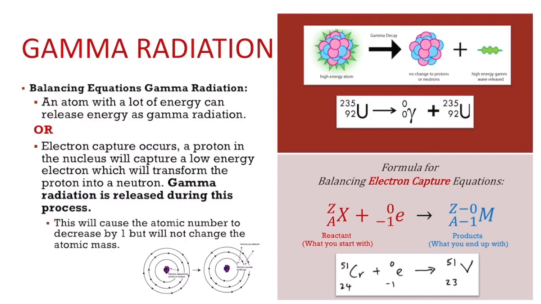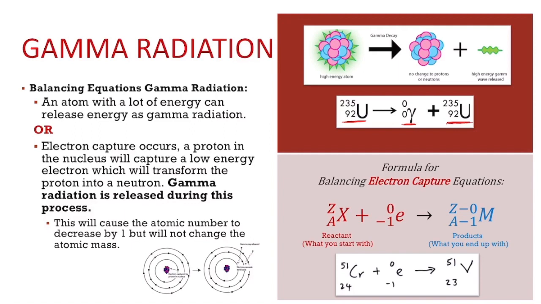So let's talk about balancing equations with gamma radiation. Again, if an atom is just losing energy and all it's giving off is gamma rays, then it doesn't change the identity. That atom stays the same. So uranium-235 here will stay uranium-235 if it's just giving off a burst of energy.